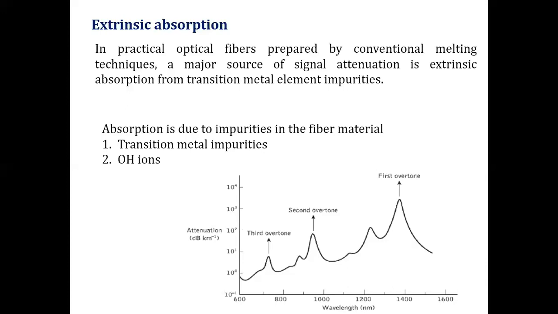Here iron, cobalt, chromium, copper and nickel are the metal impurities. In ultra low loss fiber from the VAD method, VAD being vapor axial deposition, the method by which we melt the fiber, the impurity level ranges from 1 to 10 parts per billion, that is ppb. So the transition metal ions produce losses from 1 to 10 dB per kilometer.